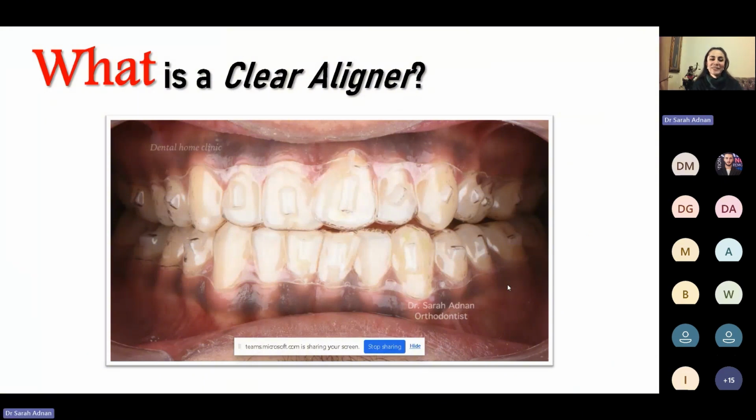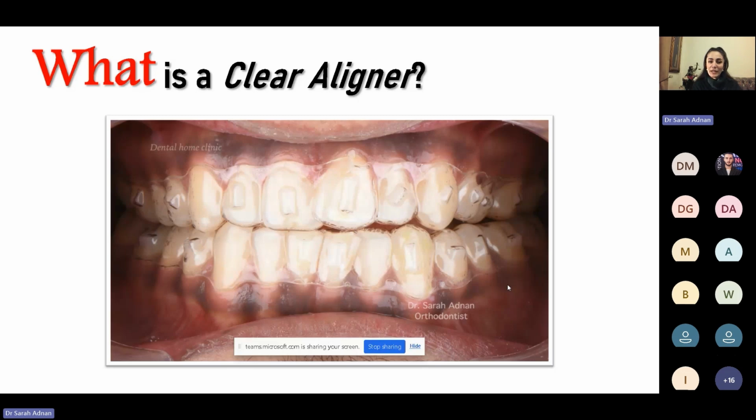First, let's talk about clear aligners. As we all know, with the exposure to the outside world and to social media, there has been an increase in aesthetic demand. A lot of patients come to us wanting to improve and align their teeth to gain a perfect smile.